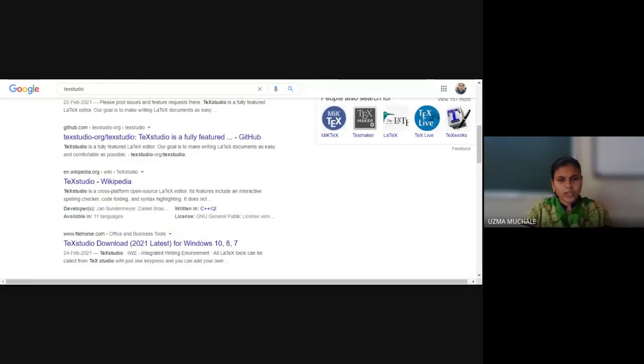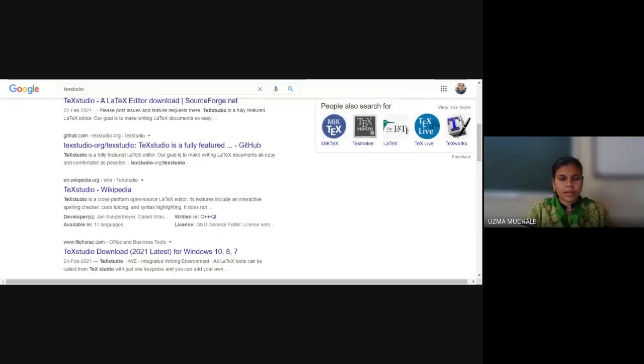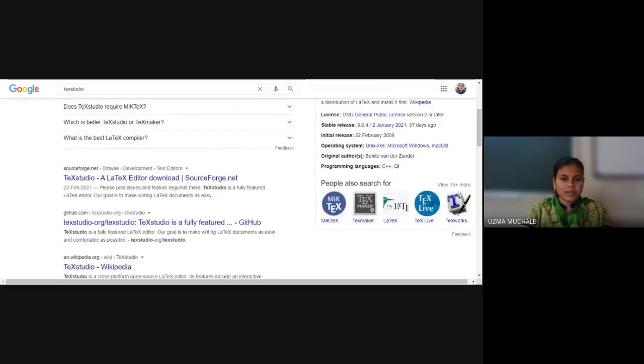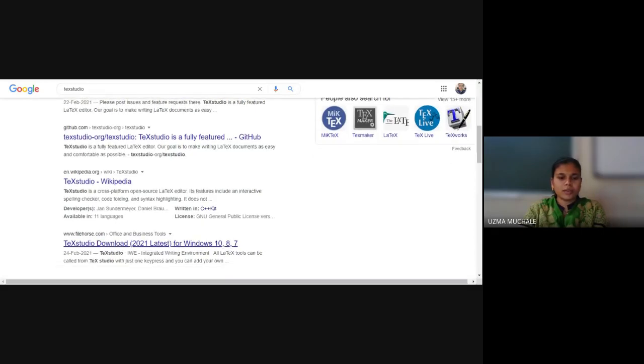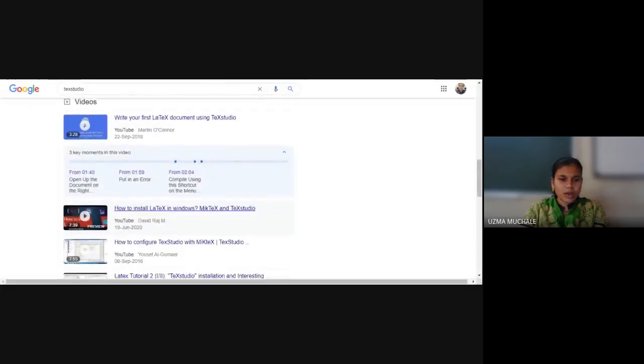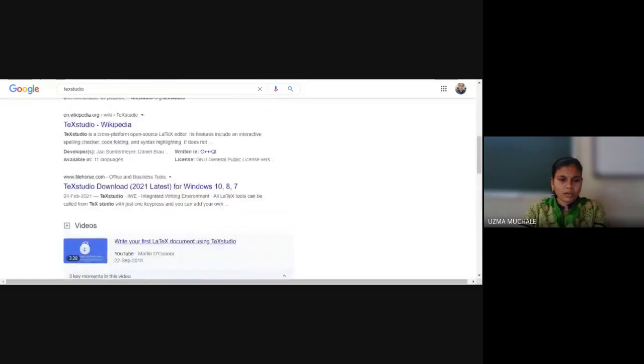Actually, there are two versions. You can download depending on the configuration of your PC. It is either 64-bit or 32-bit. You can check on your PC or laptop whether it is 32-bit or 64-bit. Depending on that, you have to download TeXstudio for either 32-bit or 64-bit.